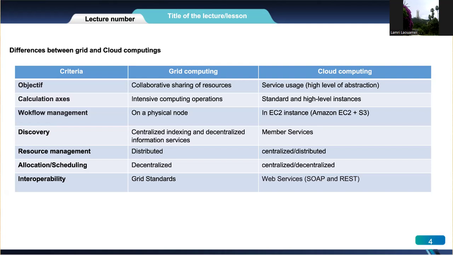These resources can be geographically dispersed and can vary significantly in terms of hardware, software, and configurations. The coordination of tasks and data sharing in grid computing often involves complex negotiation and agreements among resource owners.